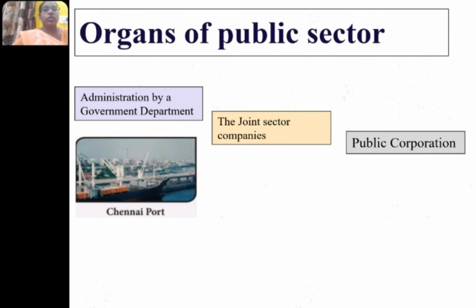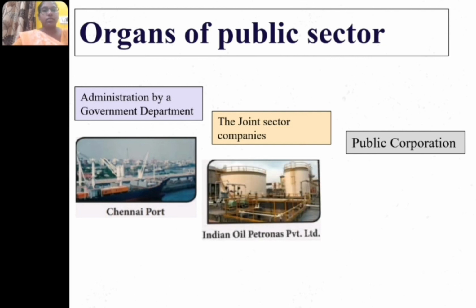Next is joint stock companies. It is governed by company law and controlled by the government as the principal major shareholder. For example, Indian Oil.